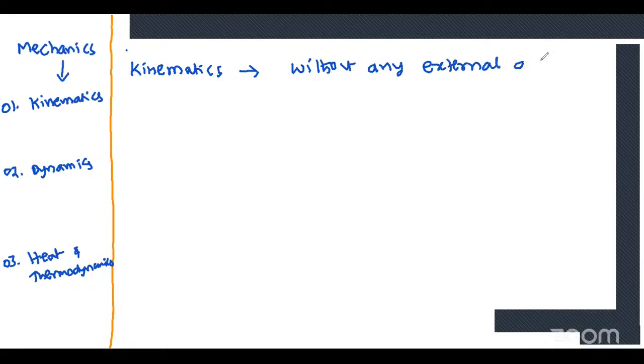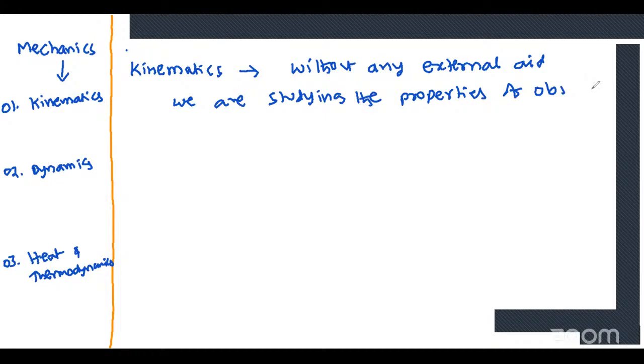Without external aid, we are going to study the properties of the object. That means we'll consider the object is in motion, then we find the properties.